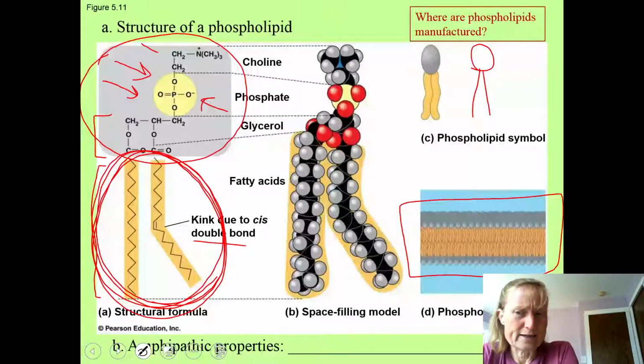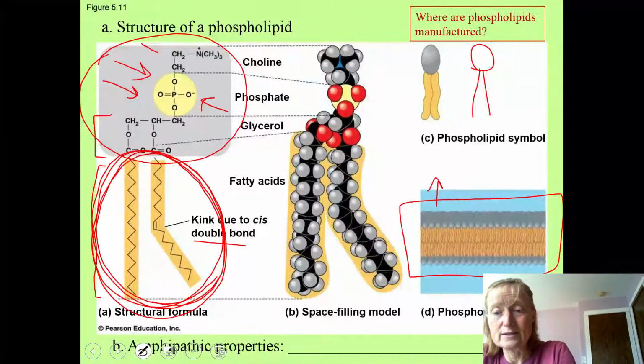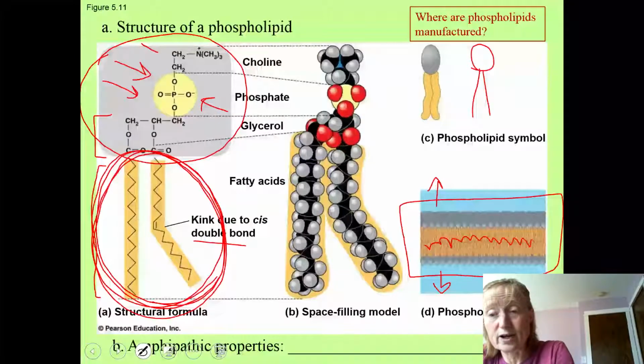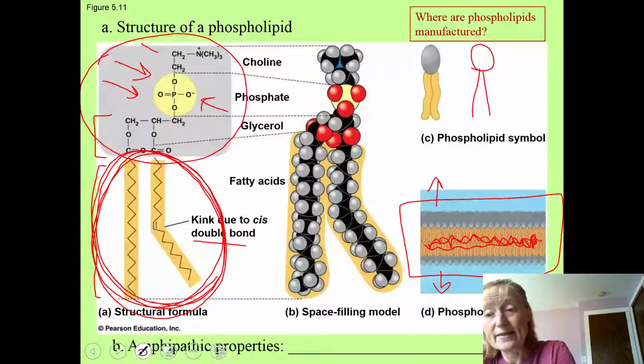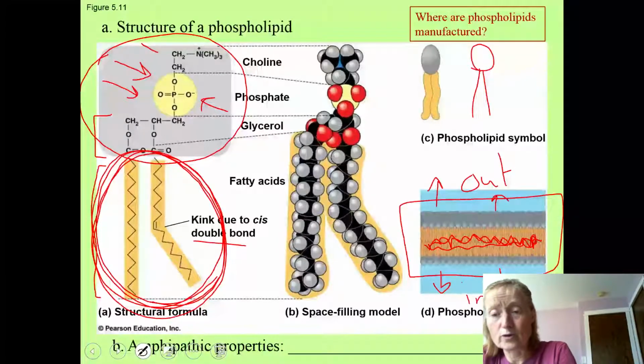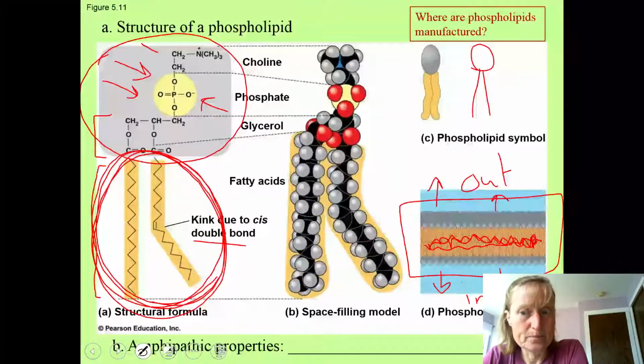Notice how they're organized. The head of the phospholipid is sticking out, and the tails are all kind of clustered together. The hydrophobic tails sort of sit in the middle here, and the heads are hydrophilic, and they're kind of hanging out near the watery outside of the cell and the watery inside of the cell.